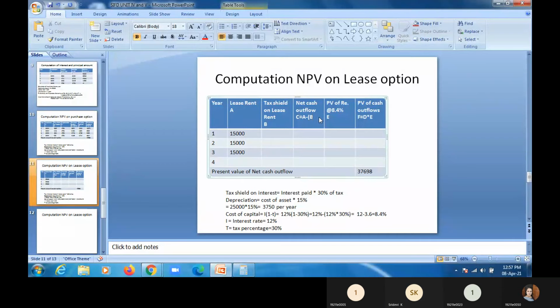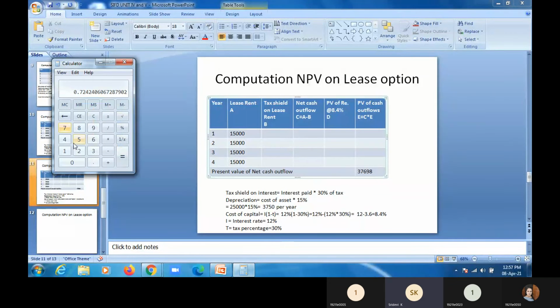Name this present value of rupee as D, and this is E. E is equal to C into D. You know how you are going to get this tax shield means on this 15,000 you calculate the tax is 30%, no?